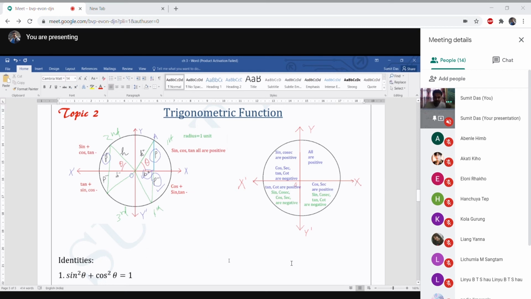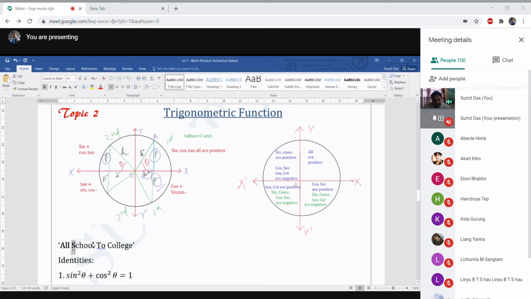Now one catchy line: after school to college. Look, we used to go to college after school, right? So this is one line to remember. First quadrant all, second quadrant school.